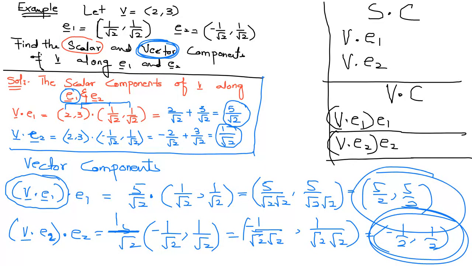Anybody have any question? No? Okay. So this is how you can find the vector and scalar components.